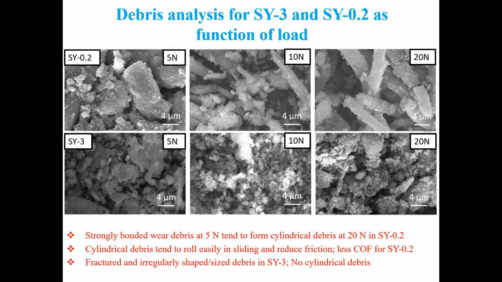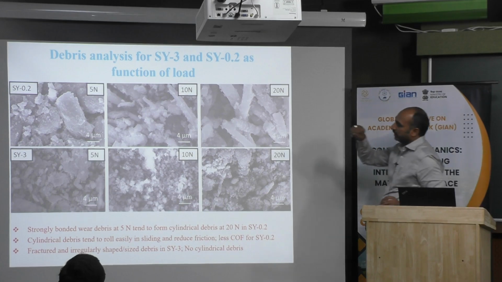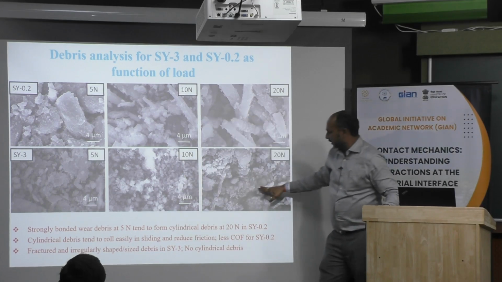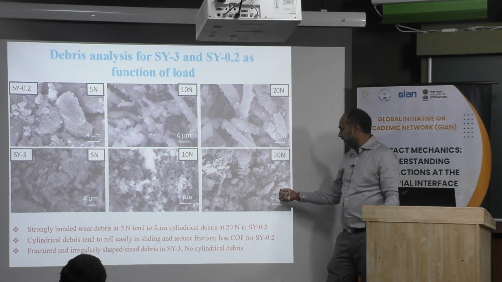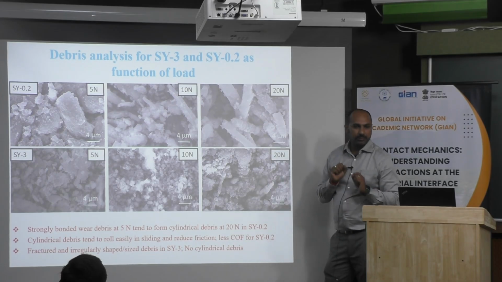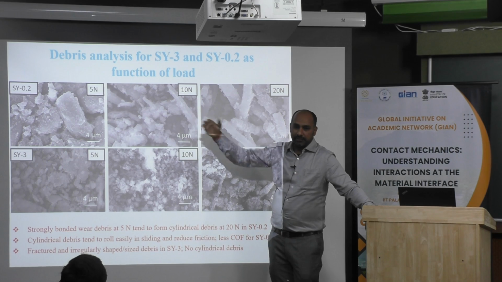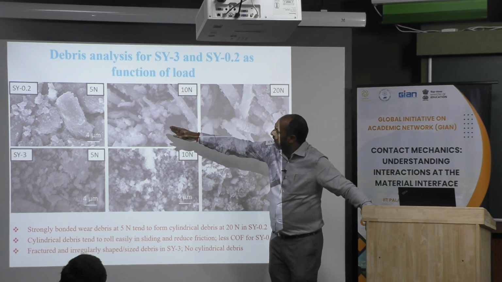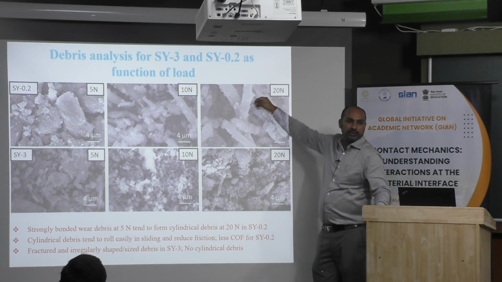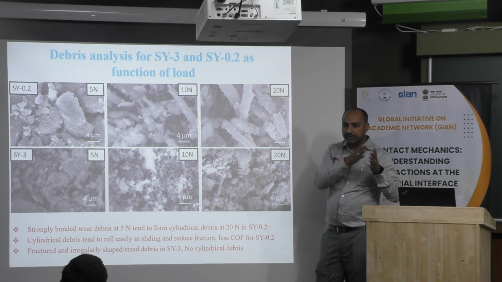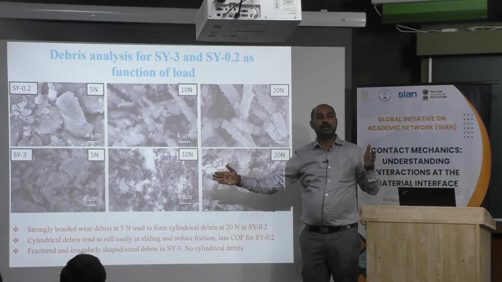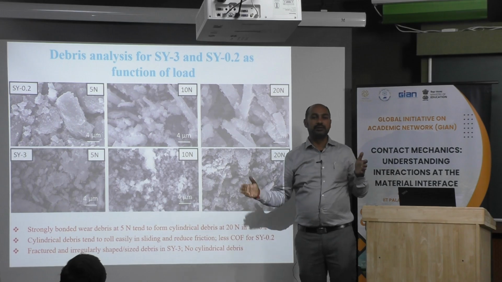Now as a function of load, for SY3 it is continuously fracturing, getting smaller in size, and somewhat cylindrical debris is forming. But with less amount of additive, with increasing load, there is more formation of this cylindrical debris, which is leading to more reduction in wear and friction with increasing load.